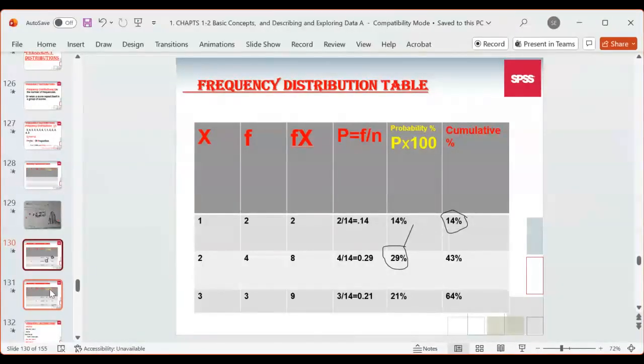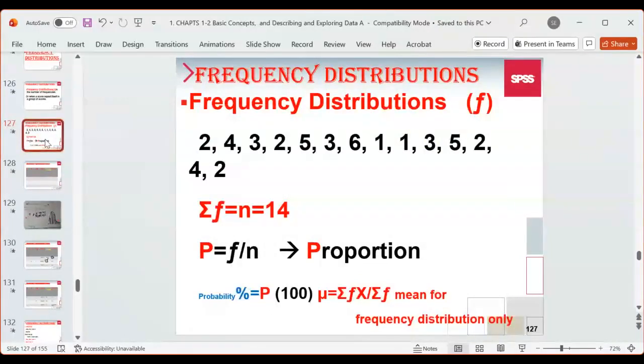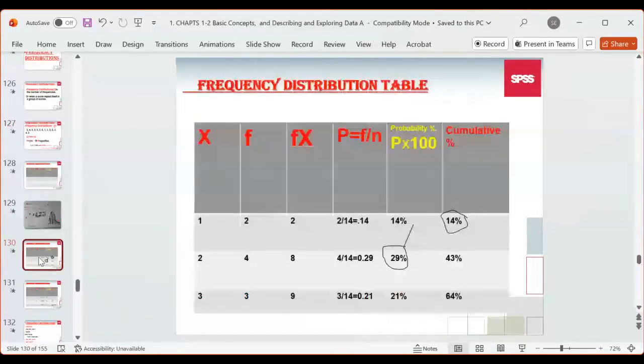So I did all of them for you. You can just look at them. For example, x is 1 here. x means the score. We have the score 1. There are 2 of them. So we say the score is 1, the frequency is 2. So fx will be 2 times 1, which is 2. The proportion will be 2 divided by the total number of scores.